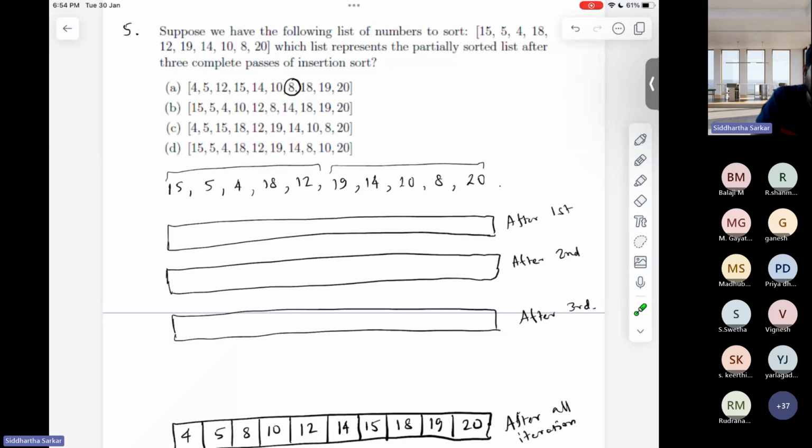In the first iteration, we are asking where should the second element go.